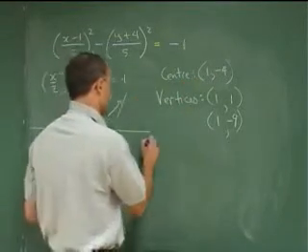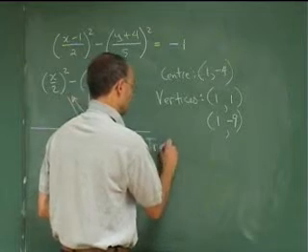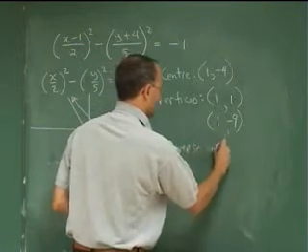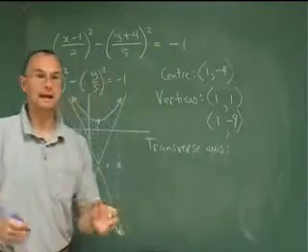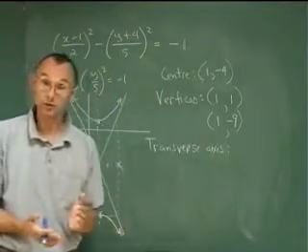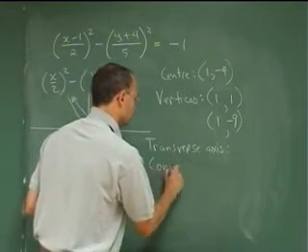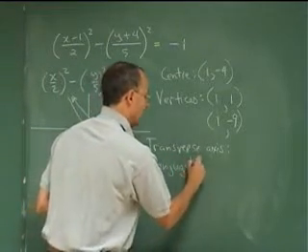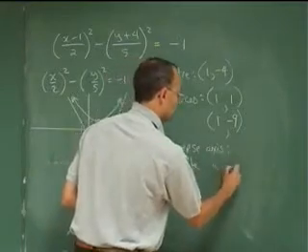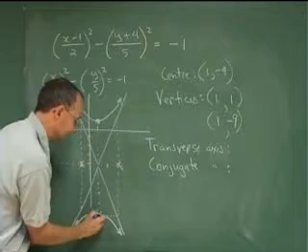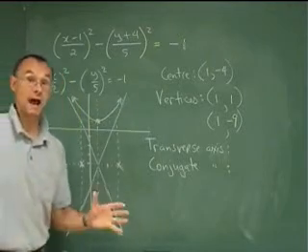And we should identify the transverse axis. Now, here's a little way, and it's kind of silly, but it works, a way to remember which one's which, because you've got your transverse and your conjugate axes. So which one's which? Well, I think of the vertices here as little cities, like on a map.